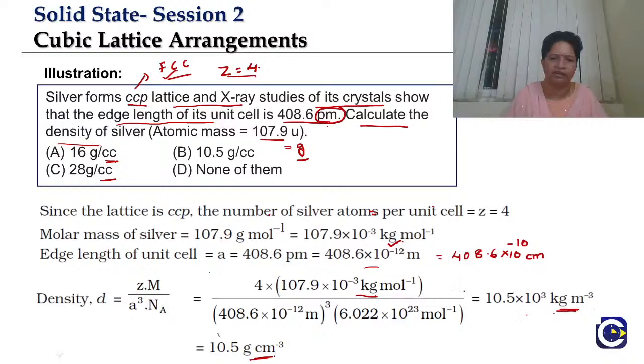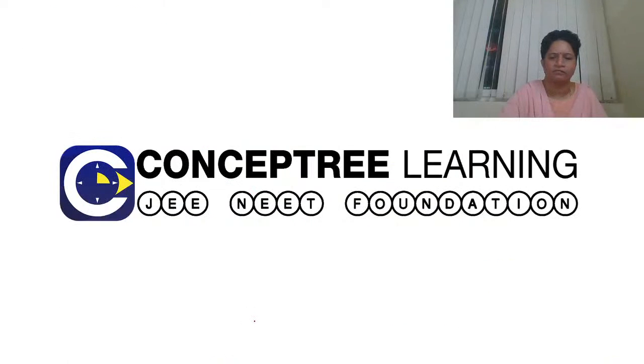So you can either convert the mass to kgs and maintain the distance in meters, or retain the mass in grams and change the distance to centimeters. So you will make it 408.6 into 10 power minus 10 centimeter cube. Either way, since 1 kg per meter cube is equal to 1 gram per cc, you can get this.